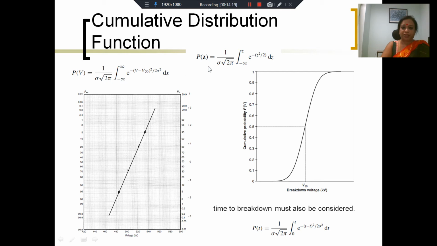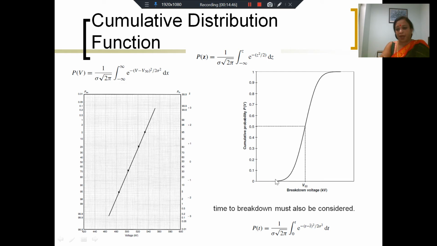And if you express it in terms of the z variable which we had earlier mentioned, then P(z) is equal to 1 by root over 2 pi, integration from minus infinity to z of e to the power minus z square by 2 dz. So V still follows a Gaussian distribution.